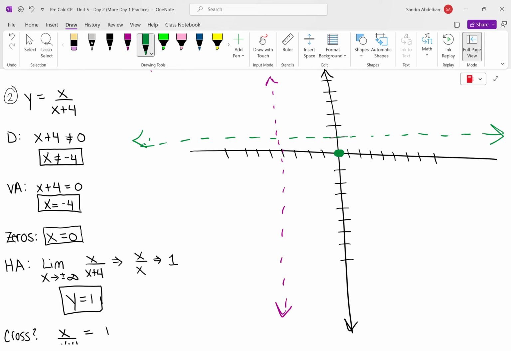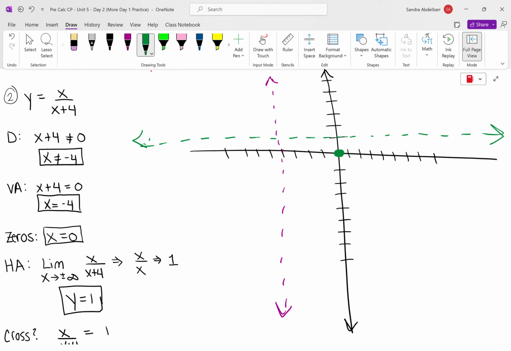This is nice, having that zero. Why is this nice? Because we need to figure out what's going on to the left of the vertical asymptote and to the right. This zero already tells us what's going on at the right. How?